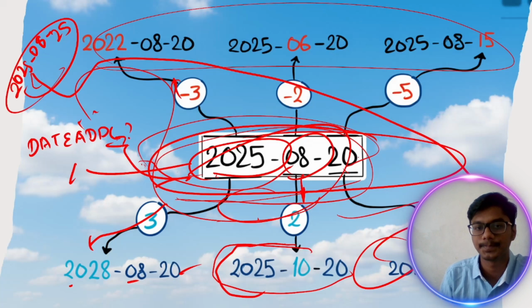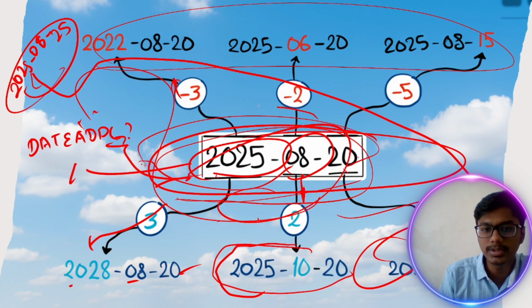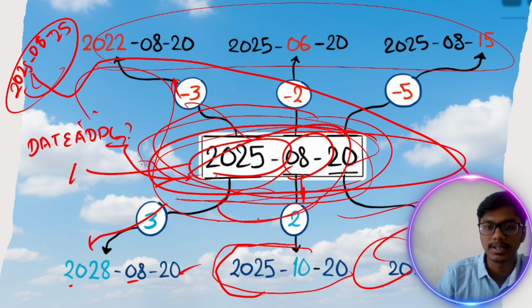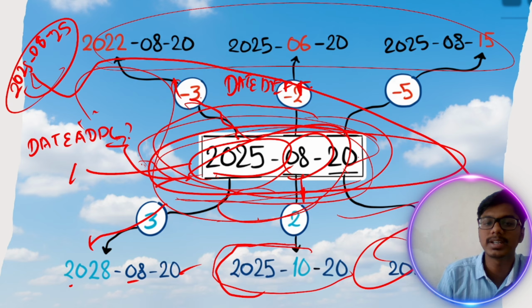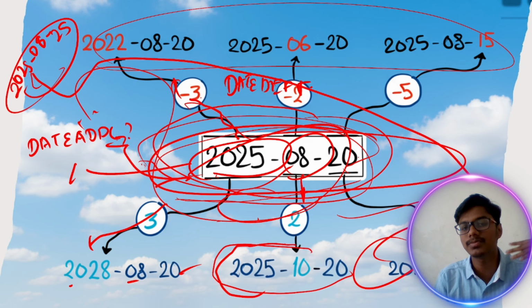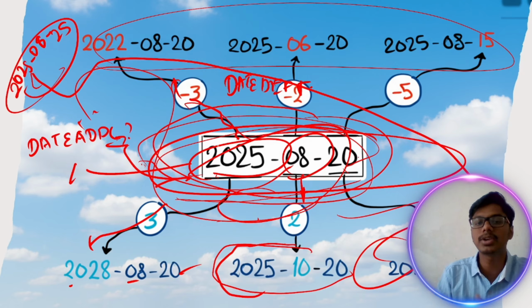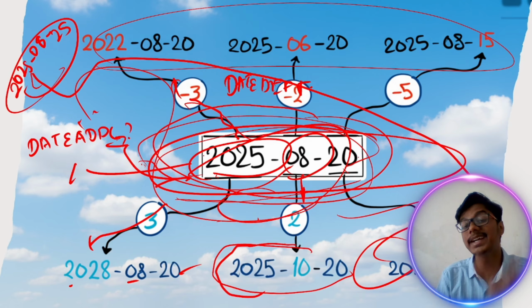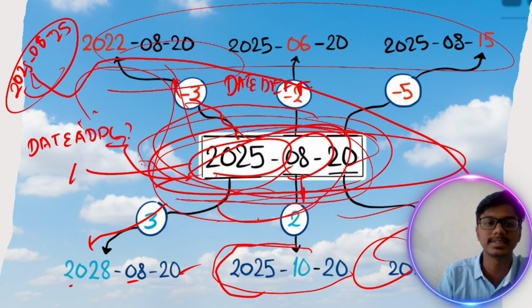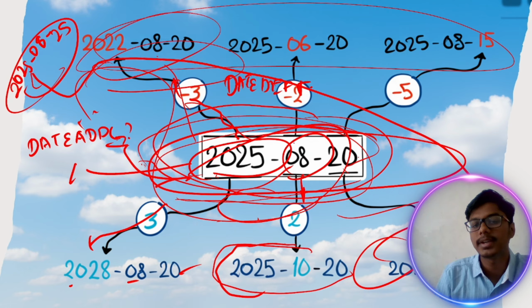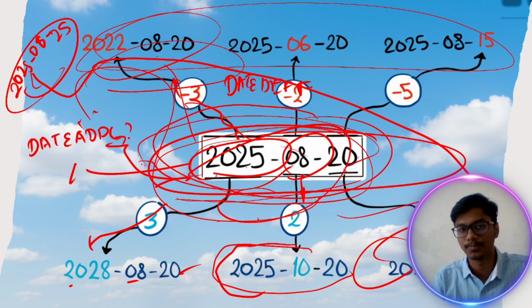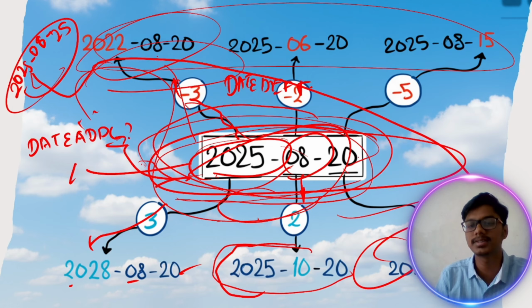It is very similar. If we give this date to the DATEDIFF function, I want to subtract 3 more years from 2025, to look at 3 years previous, and the output looks like this, 2022-08-20. And if I want to look at 2 more previous months, I just look at this function.